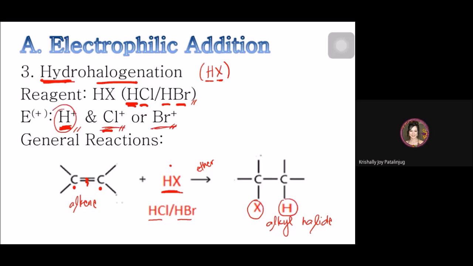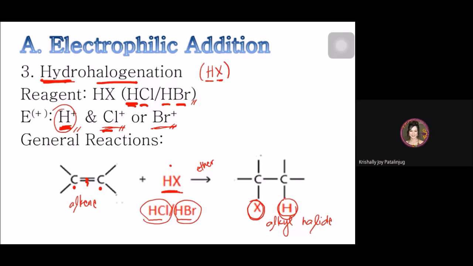Depende unsa ang giadd. Again, ang maadd nga electrophile kapag hydrohalogenation is H plus, then halogen, which could be Cl plus or Br plus. Okay? In general, that is an alkyl halide.